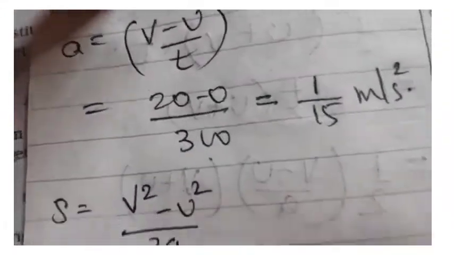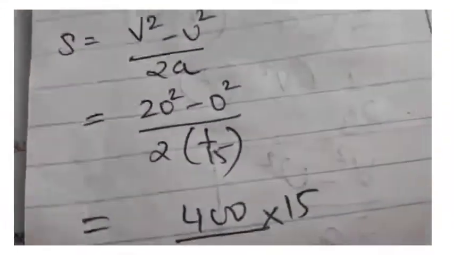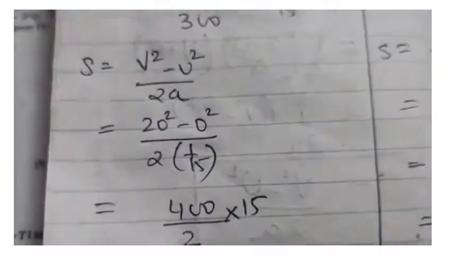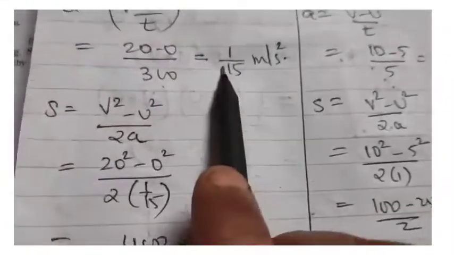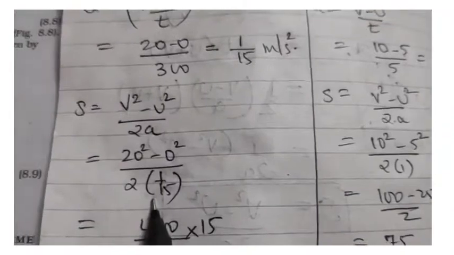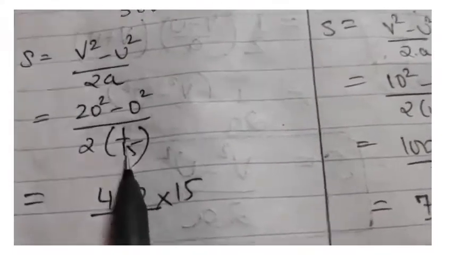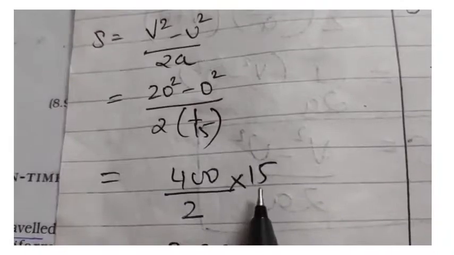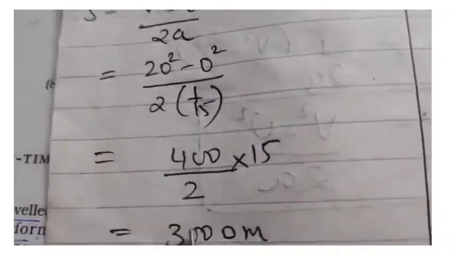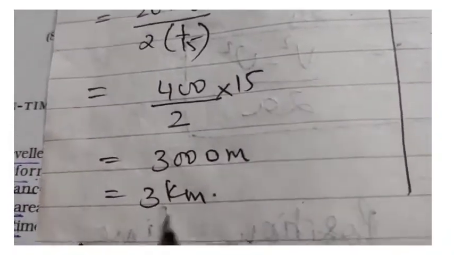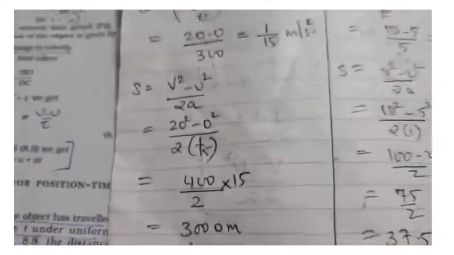The A value which you got, you substituted over here. So 20 square is 400 upon 2 into 1 by 15. The 15 will go in the numerator because it is a fraction in the denominator. So 400 upon 2 will be 200 into 15, 3000 meter or 3 kilometer. Got the full sum?